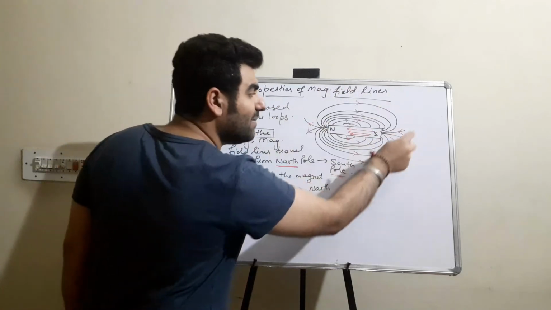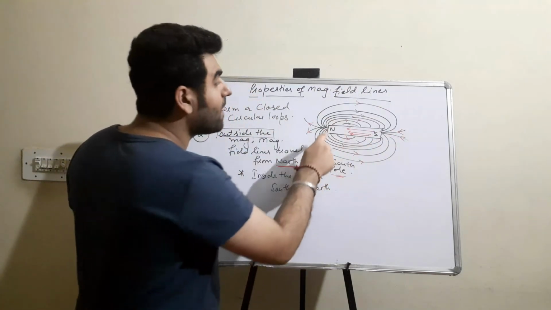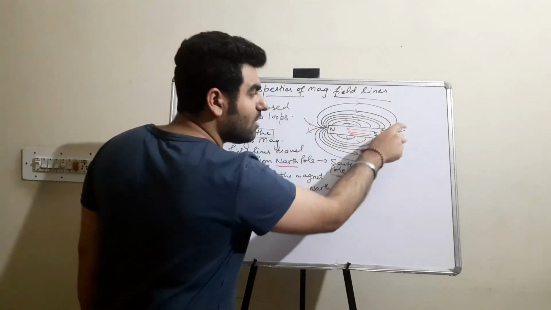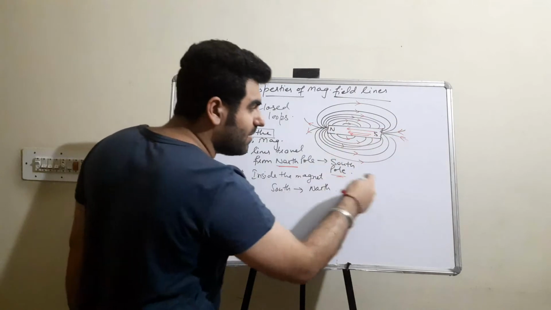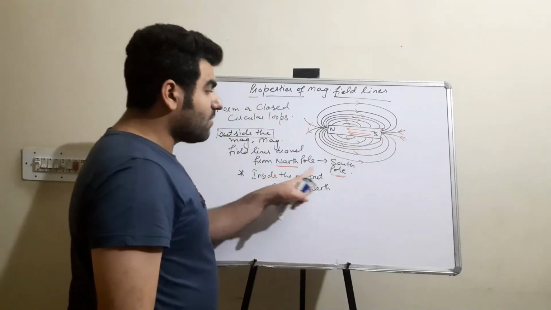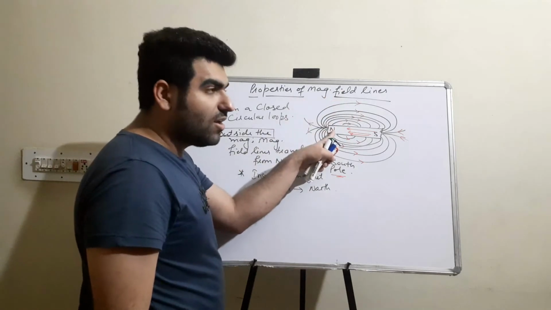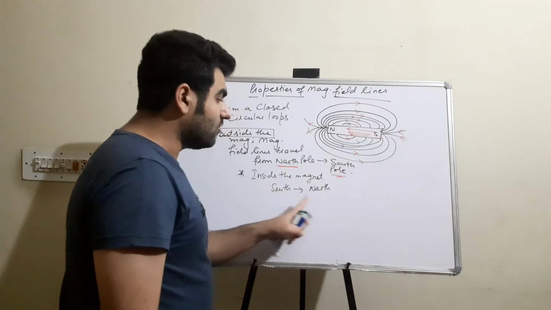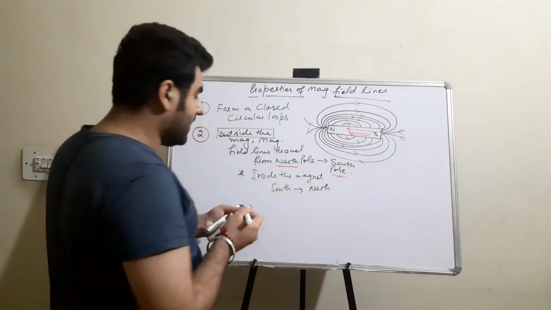So, it will form a complete closed loop. North to south outside, south to north inside, and similarly over this side. Outside the magnet, it is from North Pole to South Pole; inside the magnet, it is from the South Pole to North Pole. This is the second property.